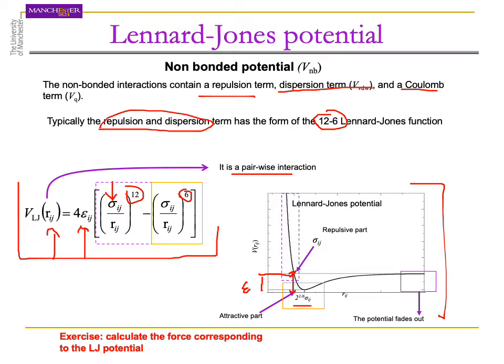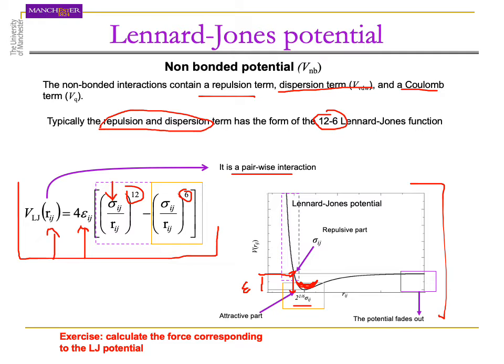We can expect that atoms will spend much of their time going back and forth in this potential well. For values of r bigger than the minimum, the Lennard-Jones potential goes to zero.